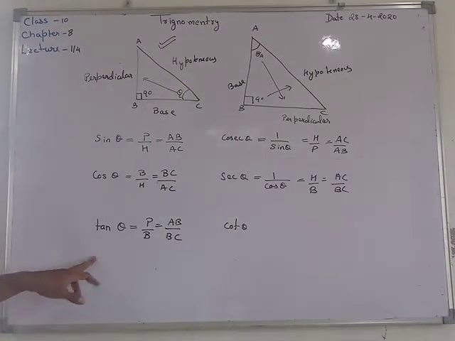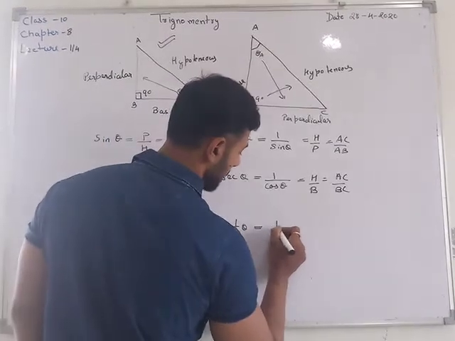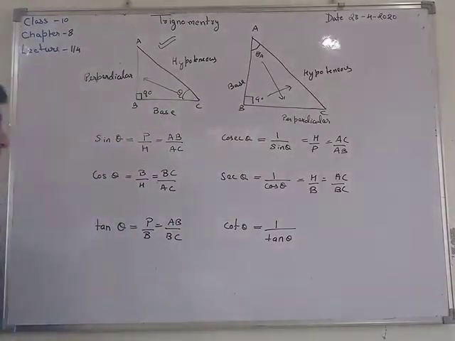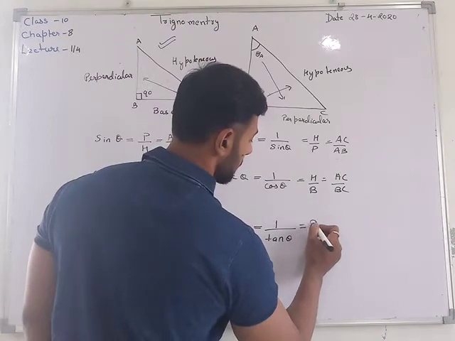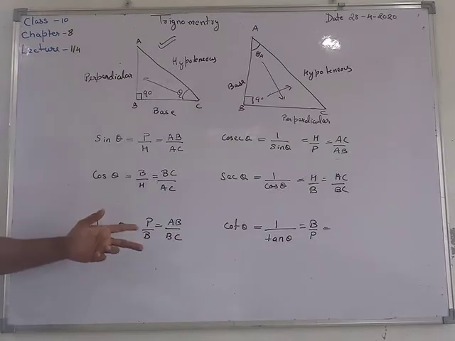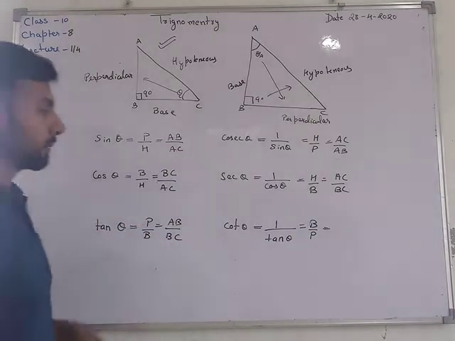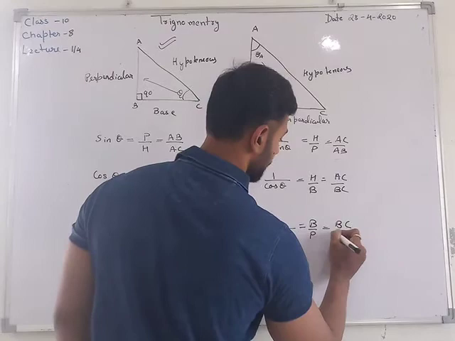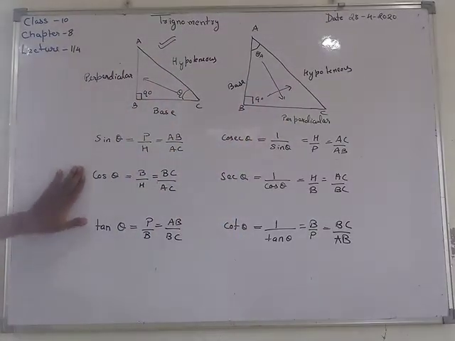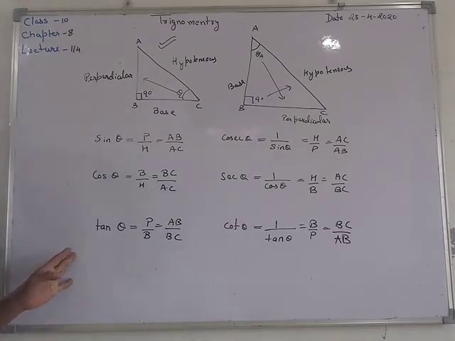Now cot theta. Cot theta is inverse of tan theta. So this is 1 upon tan theta. Base upon perpendicular, because it is the inverse of tan theta. So base upon perpendicular, BC upon AB. So these are the 6 ratios which we have to remember in trigonometry.